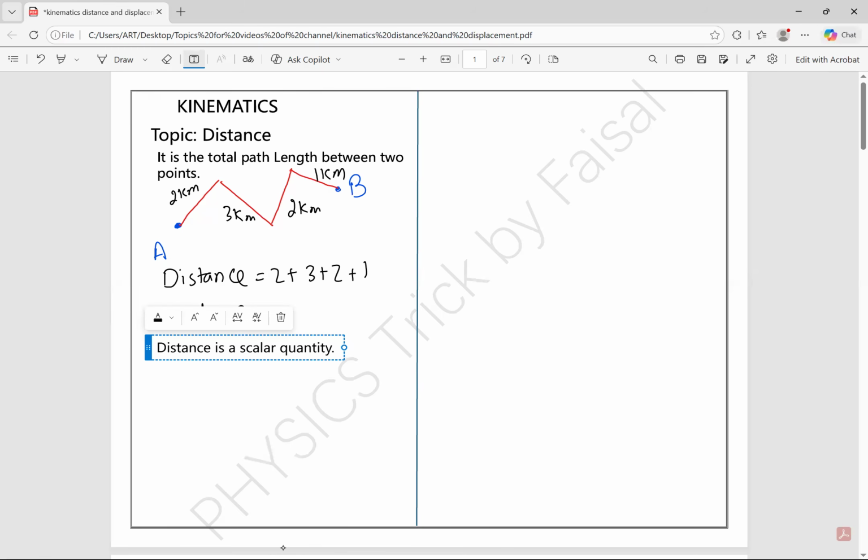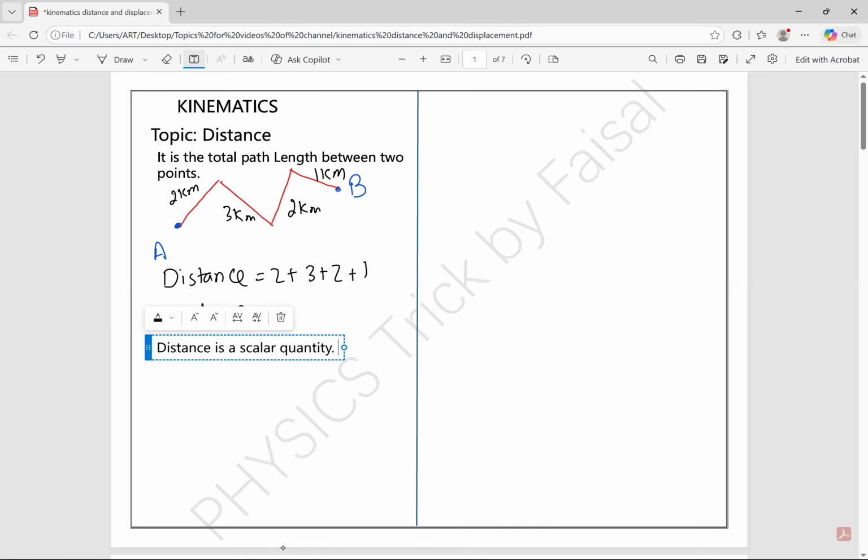You have already studied in chapter number 1 that scalars are the quantities which require no direction for their explanation, whereas vectors are the quantities which require direction for their explanation. So we calculated the distance without mentioning the direction. That's why distance is a scalar quantity.